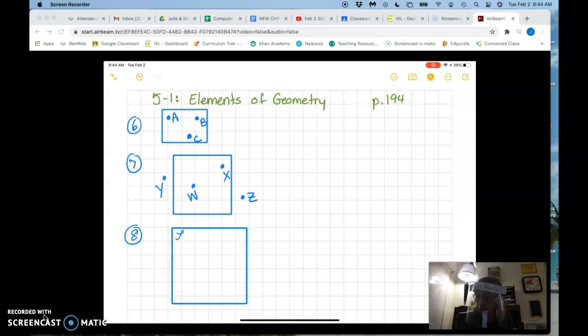And I'm going to make it that cursive L. Then it says line M intersects L at Q. So at this point Q, this line is going through my plane, and its name is lowercase cursive m.